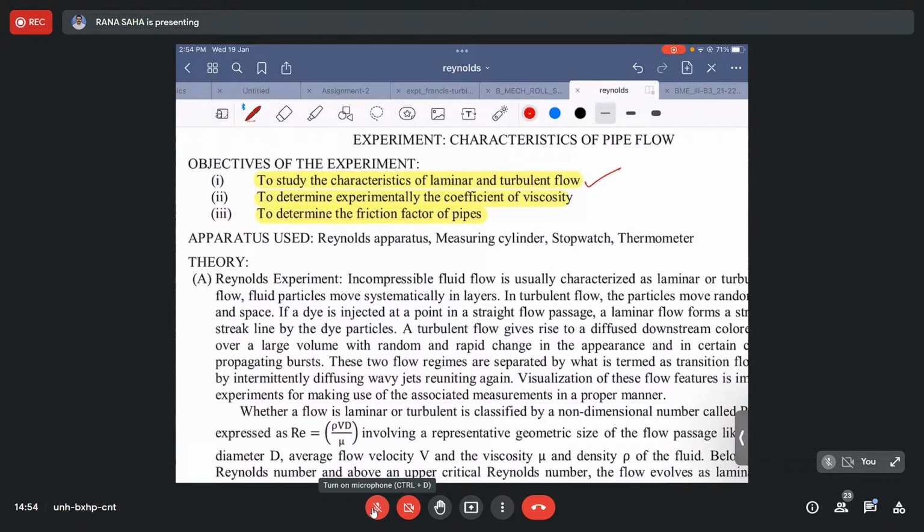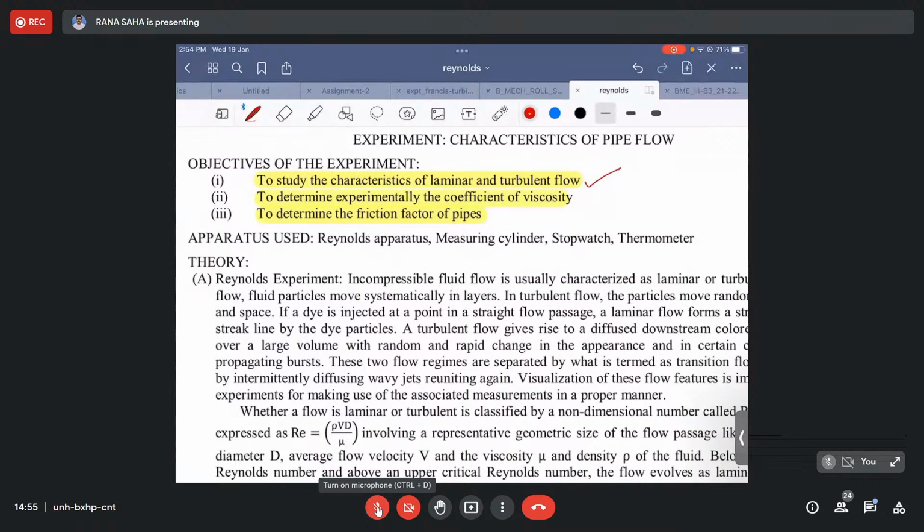So how this is done we need to understand, and for that some experimental setup needs to be there. You can see on your screen the apparatus which are being used for this experiment. Those are the Reynolds apparatus, the very age-old Reynolds apparatus from your theoretical study, which I think you were made aware of.